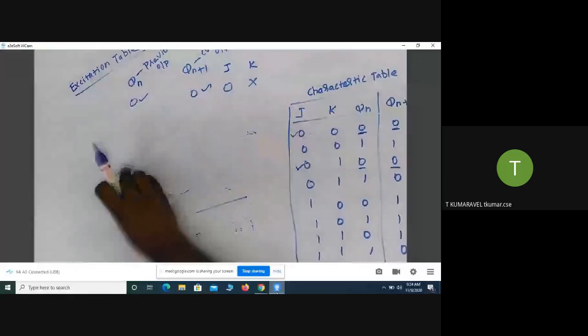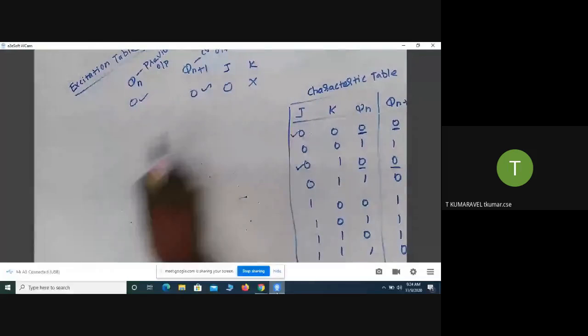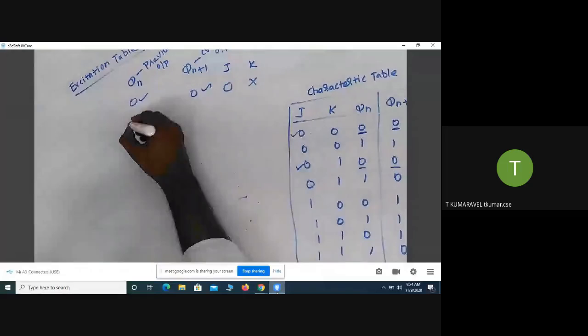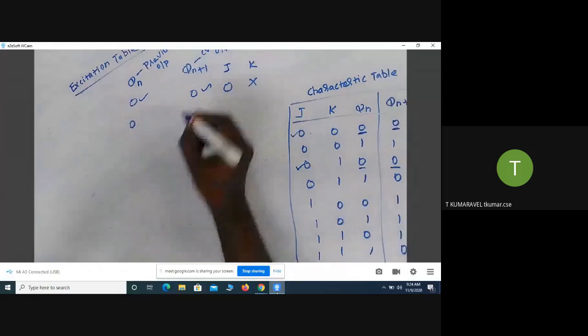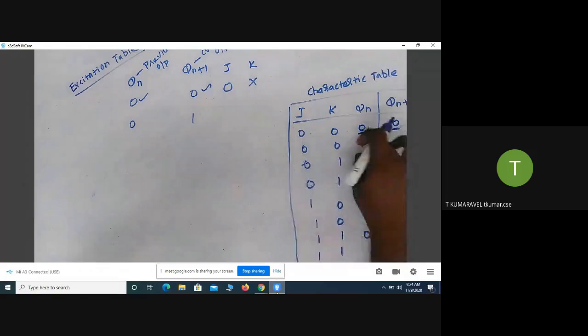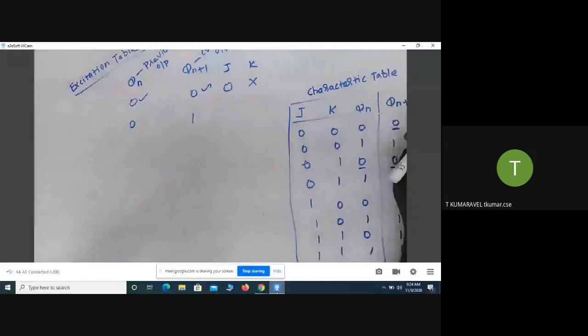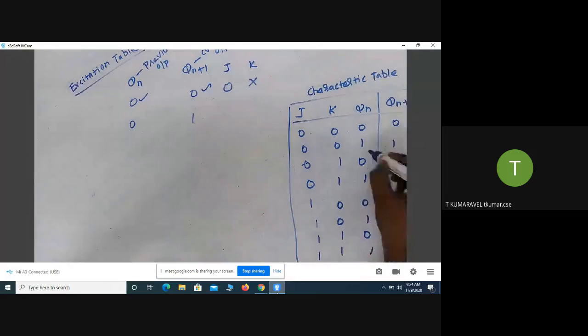Yes, sir. Now what is the next combination? My previous stage output is 0, and the current stage output is 1. In the sense, what is the combination for JK? Look at the table: 0 1, 0 1.